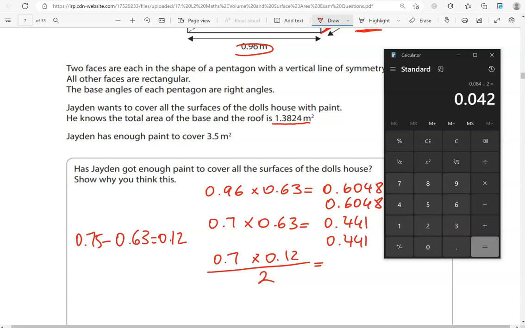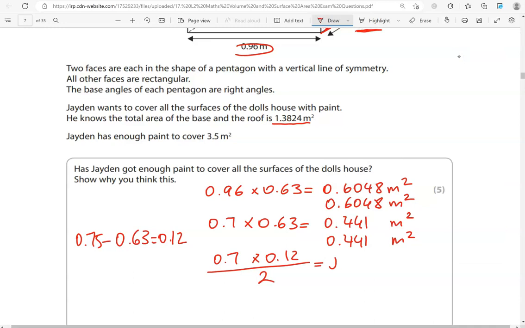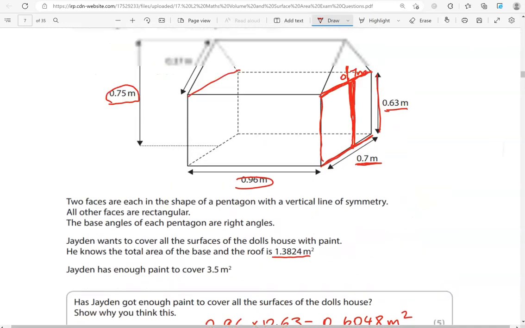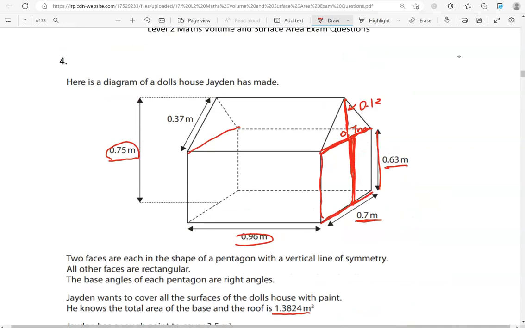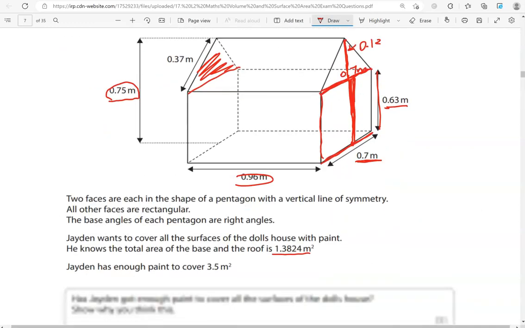That's 0.042. So that's for the triangle here. And we've got another triangle over there.